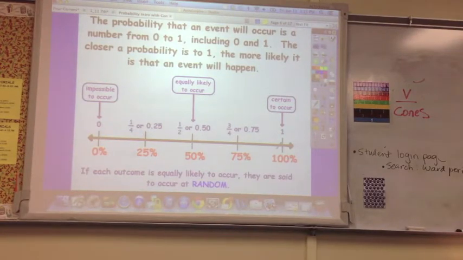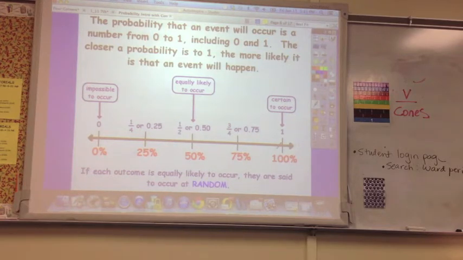So go ahead and take a minute to pause the video and write down everything you see on the screen. And what this is, is a probability scale. This tells you what is impossible to happen, what is unlikely, likely to happen, and certain to happen, as a percent, as a fraction, and as a decimal.